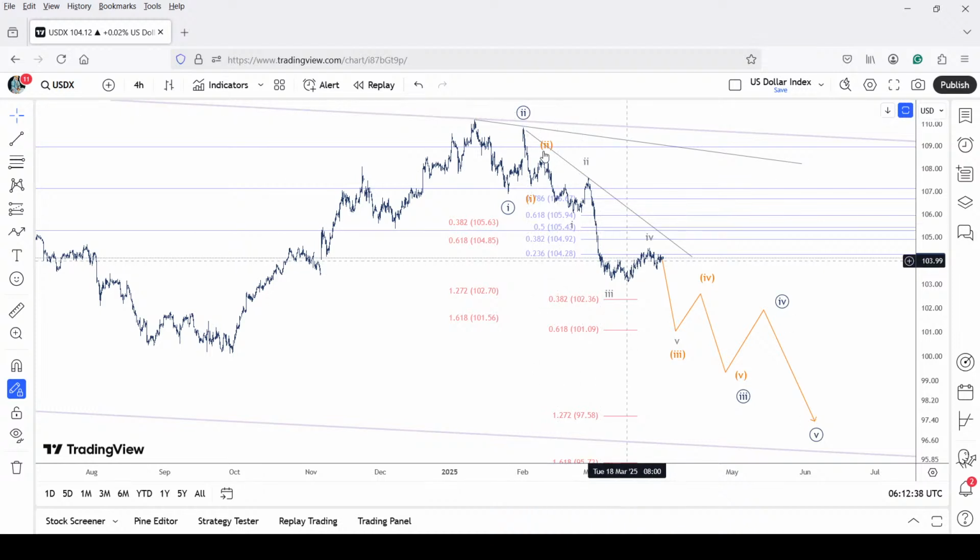Now it is telling us another story which is quite beautiful. It's saying that I'm unfolding, and not only unfolding, but I'm extending the third wave at three different degrees. The first degree was the sub-minute. The third wave was extended.